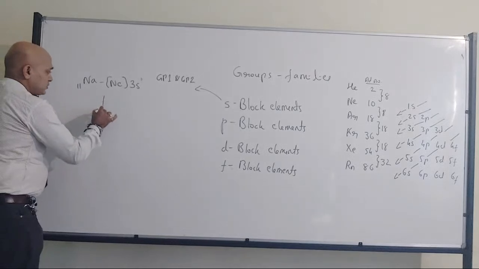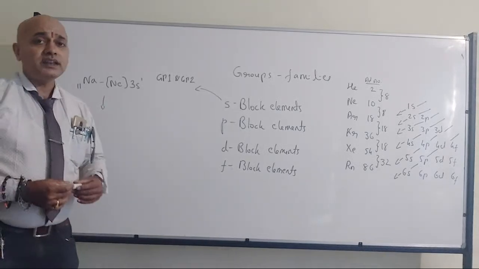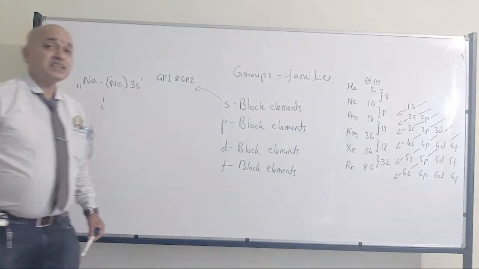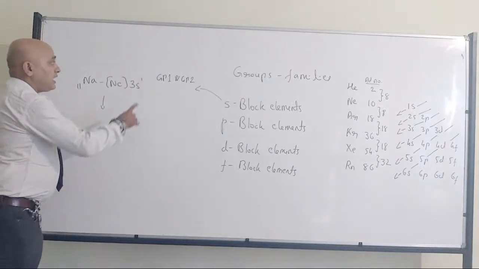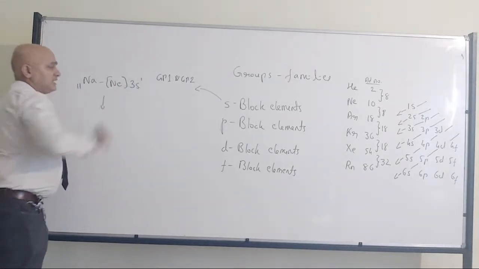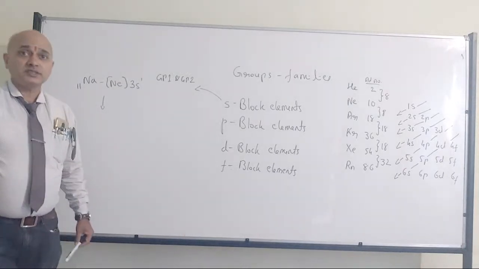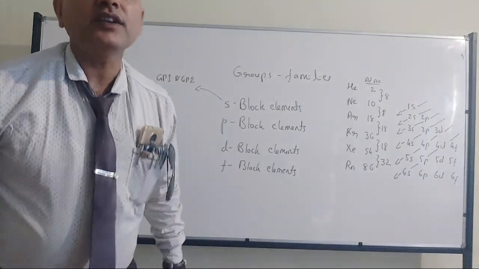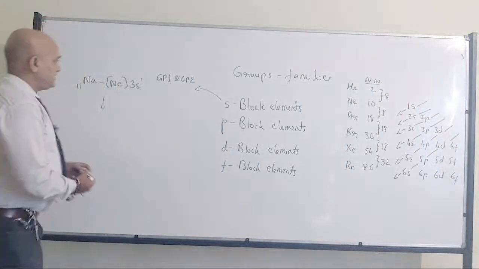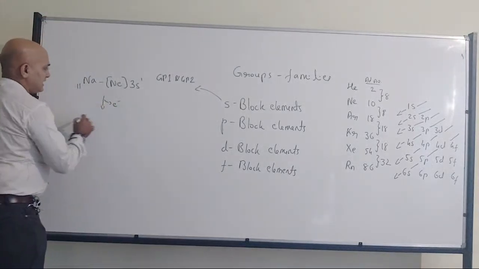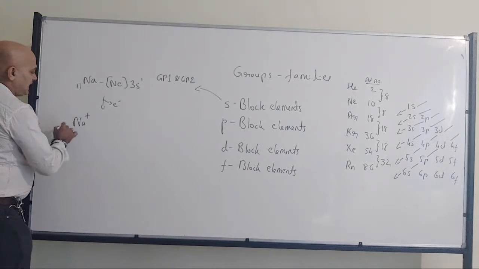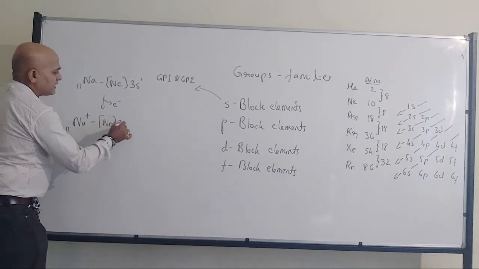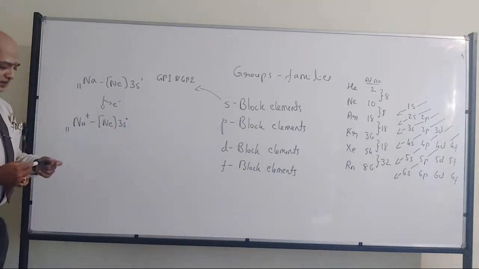Now, this sodium can have the stable electronic configuration either by removing this one electron, that is the only possibility, or you should take up extra 7 electrons. There are two possibilities. One is it will remove one electron and it will become Na plus, atomic number will remain the same, and it will have the electronic configuration of neon because there is nothing on 3s.